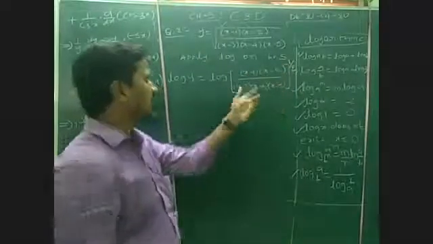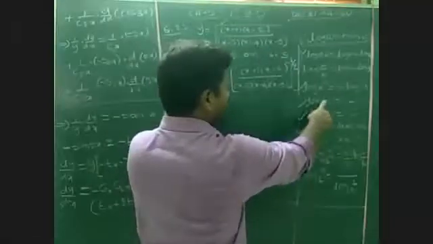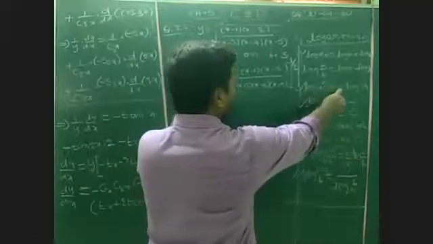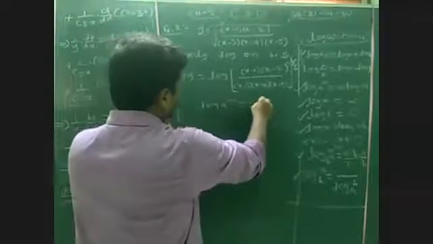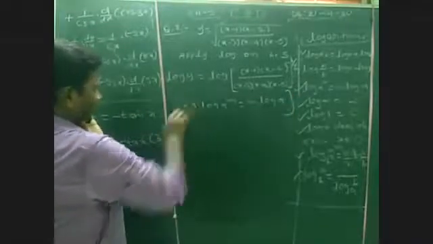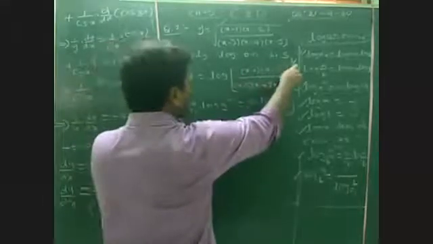Now this is in the form of log a power m, which can be written as m log a. What is a? This is a. What is m?